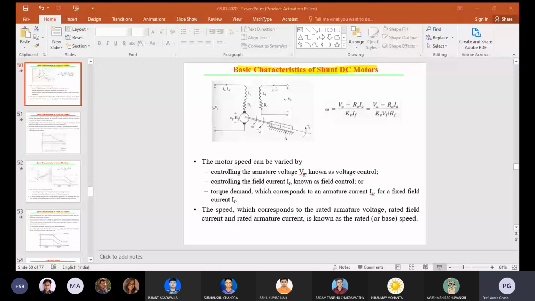So what is motoring mode? You know that in my last to last class, we discussed the motoring mode, then regenerative braking mode, and dynamic braking mode.